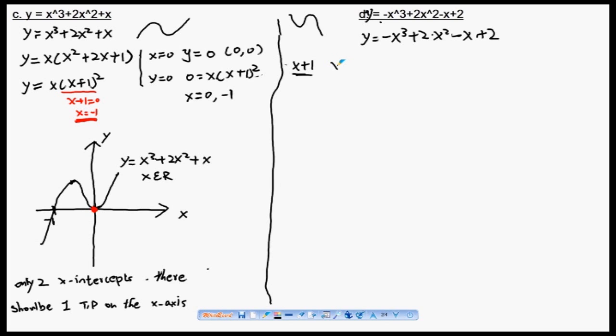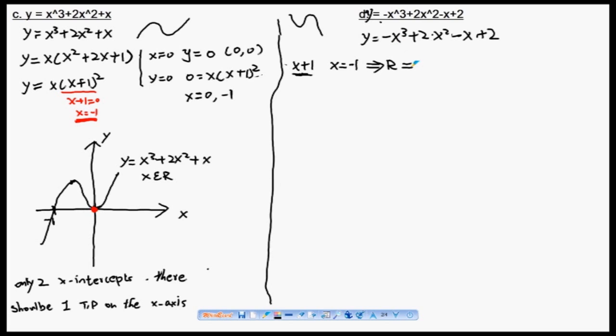We have to substitute x equals -1 to find the remainder. Remember, we talked about it before: make it equal to 0, x will be -1, and we substitute it into the function to find the remainder.